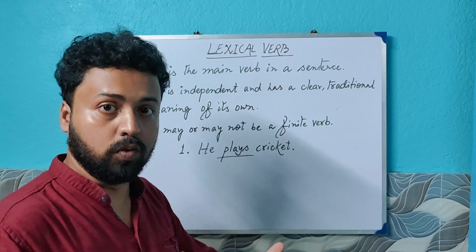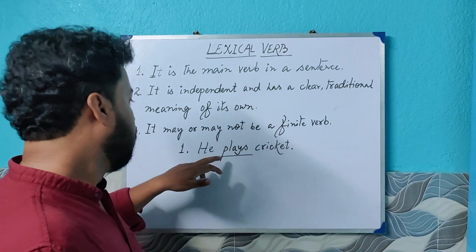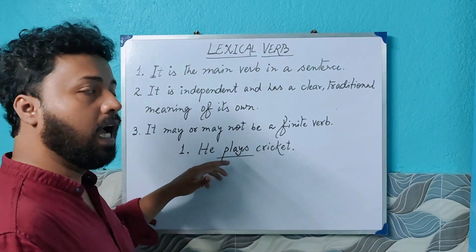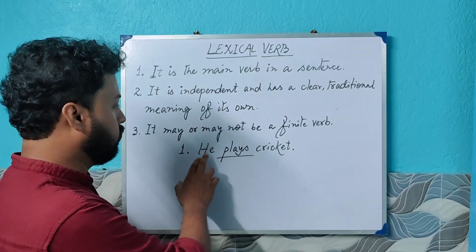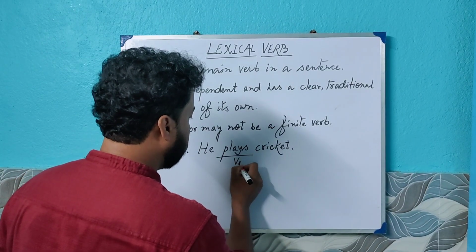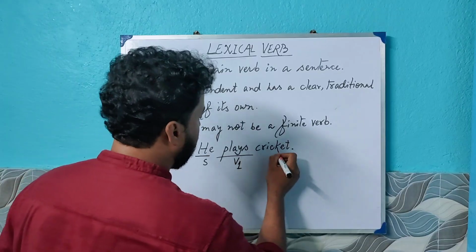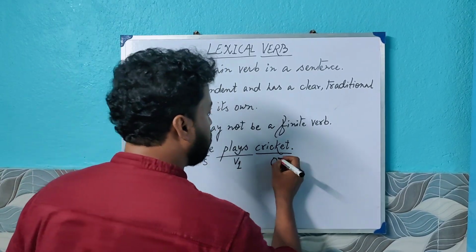To play means the act of playing. This sentence does not have an auxiliary verb because it is written in the simple present tense. So it has subject and then V1, and what does he play? Cricket. There comes your object.